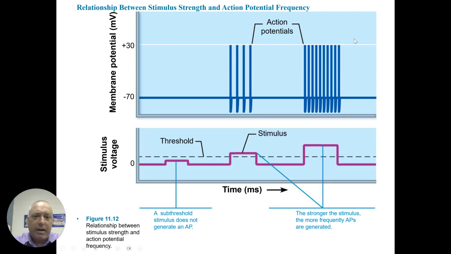Now you can see in this top figure, you've got bop, bop, bop, bop, and then a break, and then more bops. And so we have different frequencies. That can be part of the signal, but it is a yes or a no response. It is simply going to activate once threshold has been achieved. Now this threshold does not change unless you're in the refractory period or in a disease state.